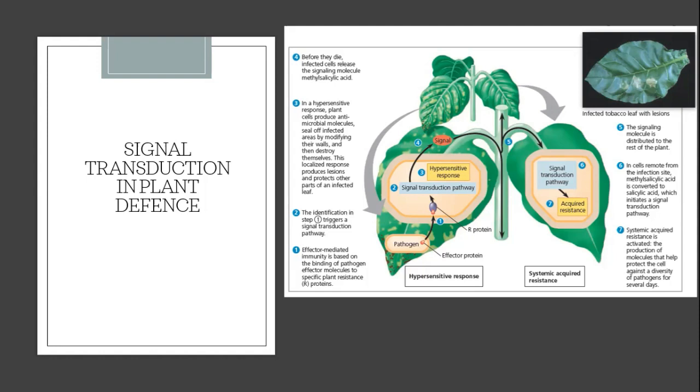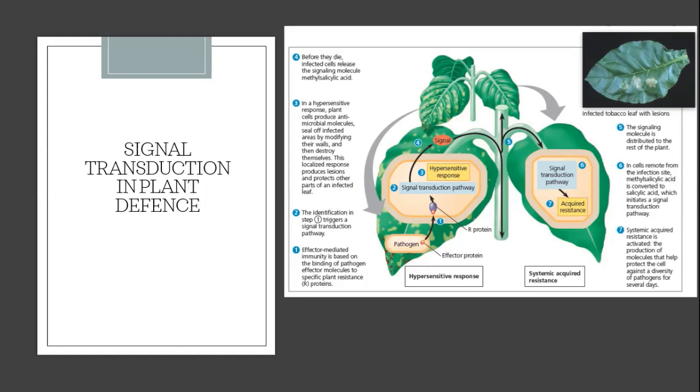This methyl salicylic acid, which is produced in the cell which is attacked, is then transferred to other cells, where it gets converted to salicylic acid, and this salicylic acid acts as a signaling molecule and leads to acquired resistance. That is, it leads to formation of certain molecules which will give resistance against the invading pathogen, and the plant will be ready for that particular pathogen.